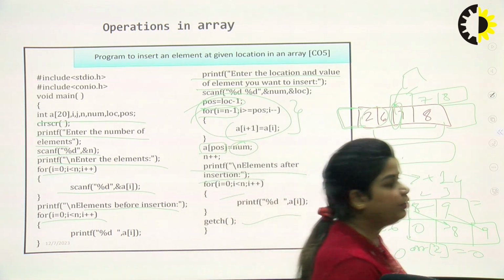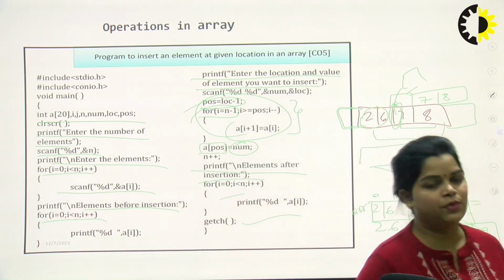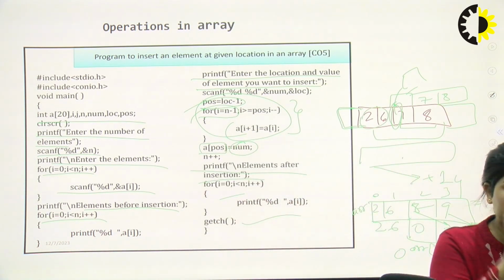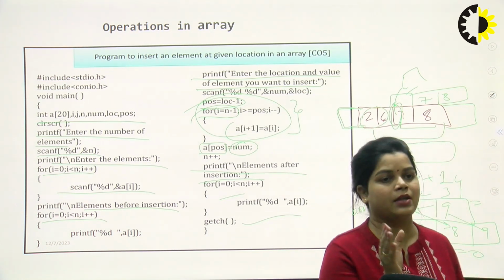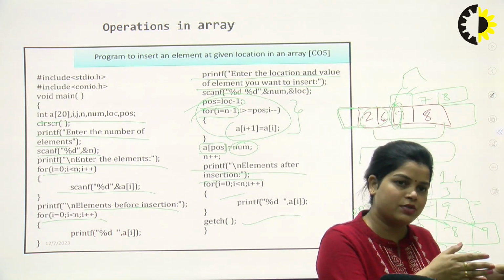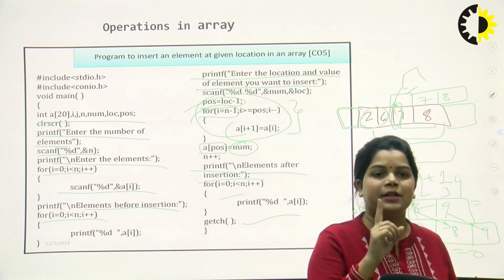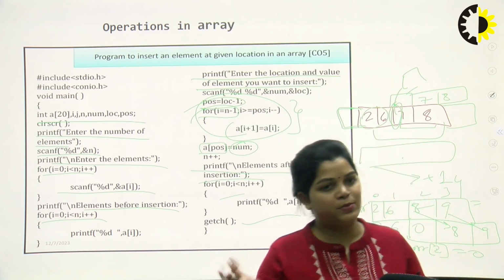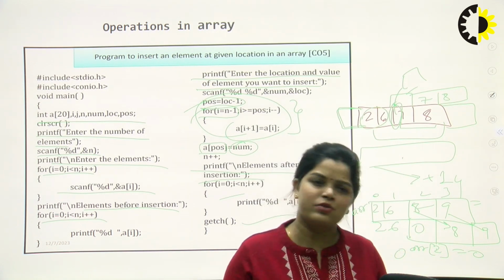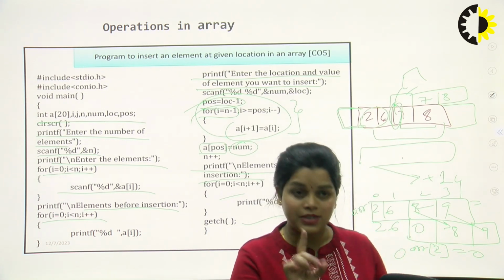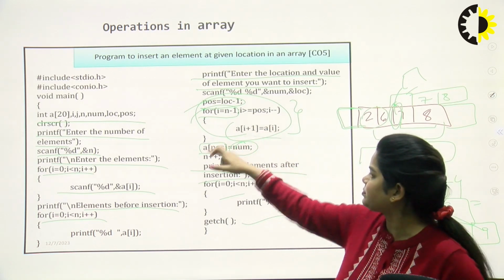So in order to insert any element, you first have to create a space. If you are inserting in front, you have to shift the whole array by 1 position. If you're inserting at the last, then also you first have to create 1 position with the help of this.